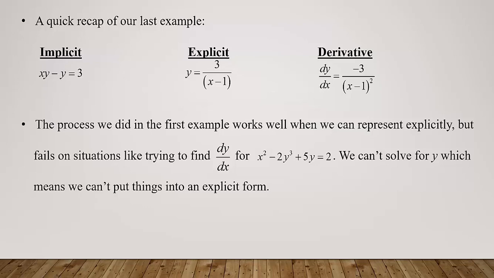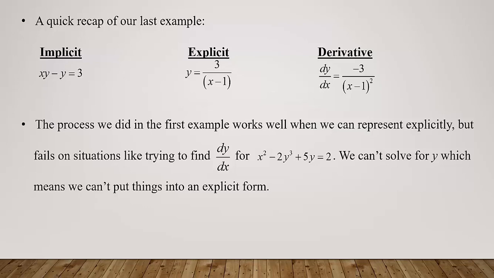But it would fail in situations like trying to find dy dx for the equation x squared minus 2y cubed plus 5y equals 2. The reason it's going to fail on that equation is we can't come up with an explicit form. We can't solve for y.